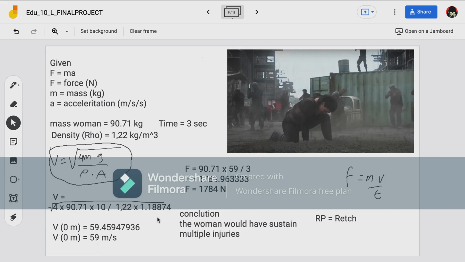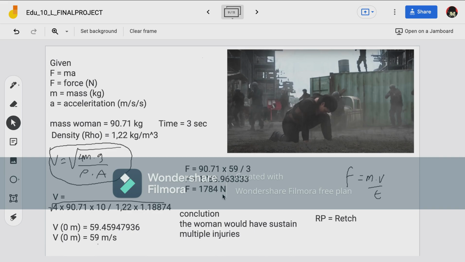After we got that, we're going to put it into another formula. F equals M times V divided by T. So in this calculation, F equals 90.71 times 59 divided by 3 equals 1783.963333. We're just going to round it to 178 newtons.